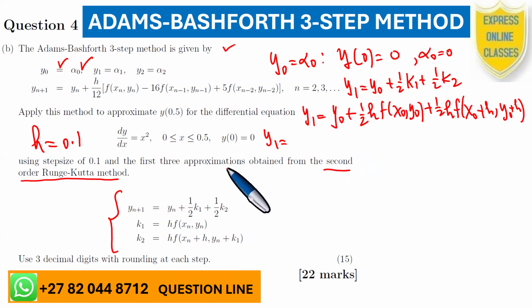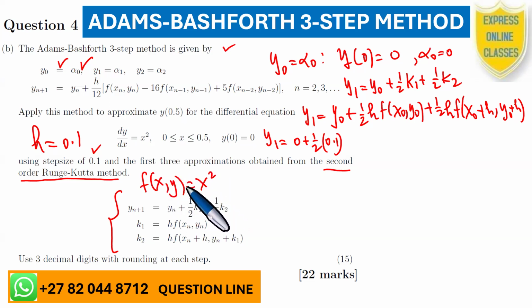So according to the second order Runge-Kutta, y1 is going to be y0, which is 0, so you put a 0 here, plus half of h, which is 0.1, times f of x0, y0. If this is a derivative, then f of x, y is x squared.